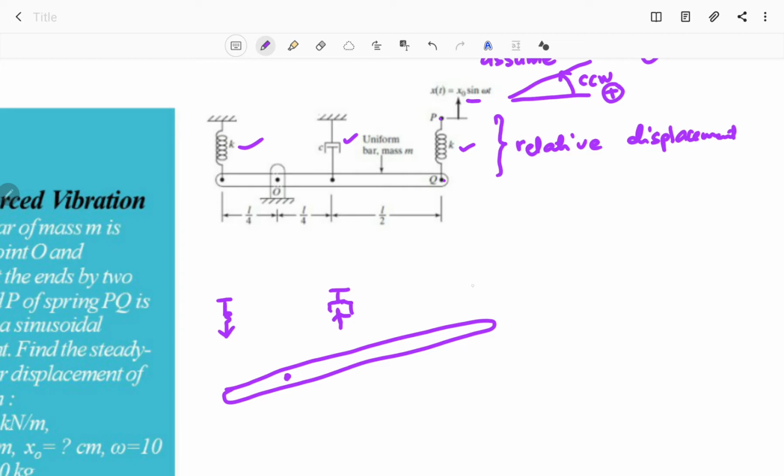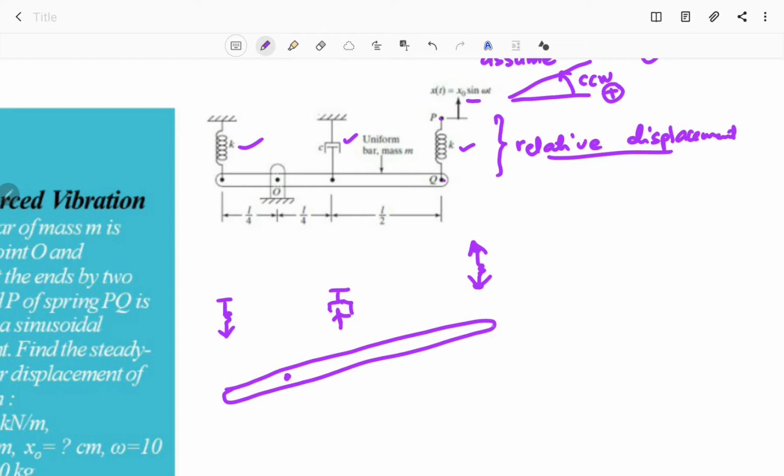In this case, as I said, your K is over here. If you remember, in order to determine the relative displacement, you have to assume whether it's in tension or in compression.